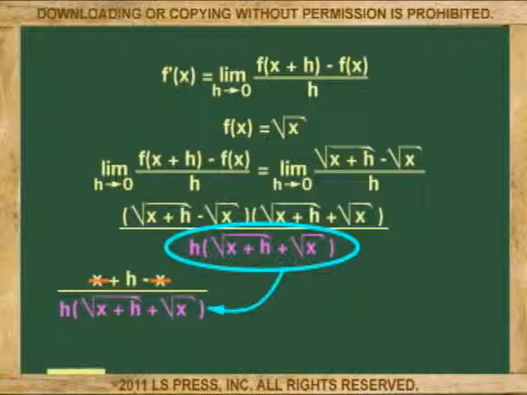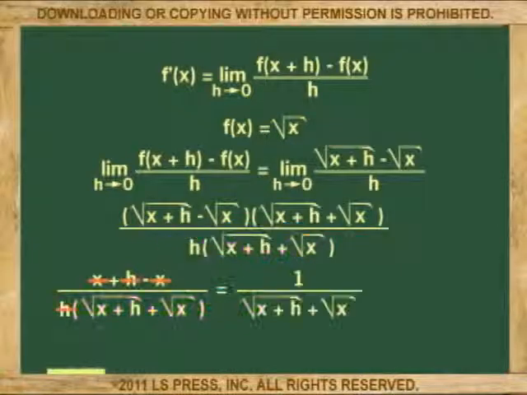The denominator in this case becomes h times the positive part of the difference of two squares, square root of x plus h plus square root of x. Of course, we don't multiply the h because it is being cancelled with the h in the numerator anyway. We are left with 1 over the square root of x plus h plus the square root of x.